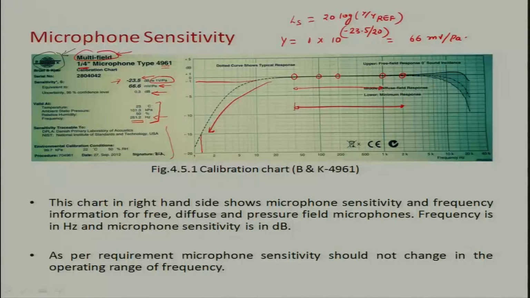Last thing, they had said that it is a multi-field microphone. So, the response of the microphone in all the 3 fields does not change, but at higher frequencies it starts changing. So, now they have 3 lines, okay.